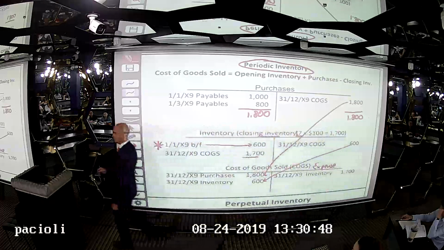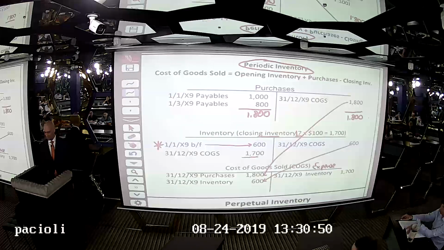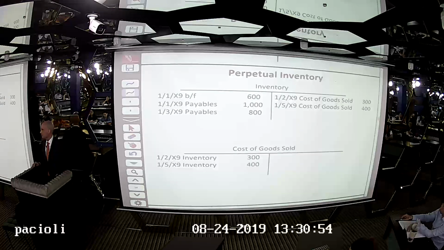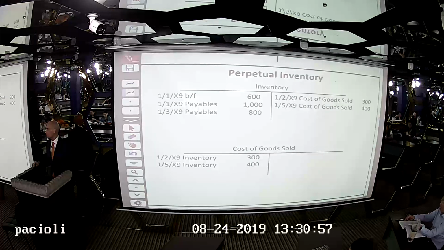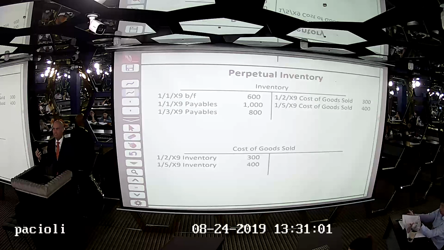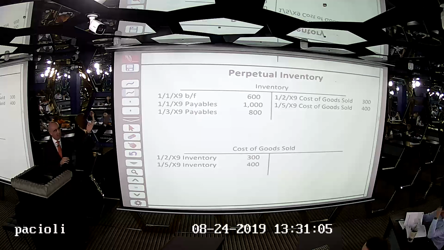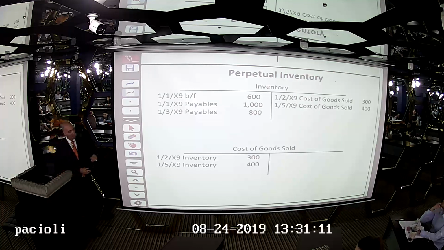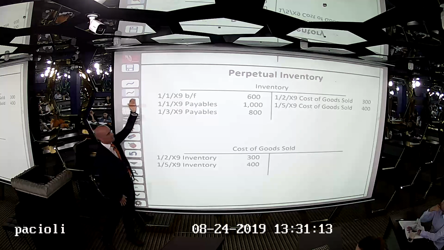The other method that is not on your exam is the perpetual system. The perpetual system records inventory and expense every time you buy and sell. So you can see there is no purchases account. Every time you buy the inventory, debit inventory.